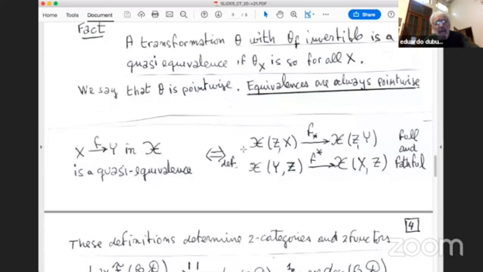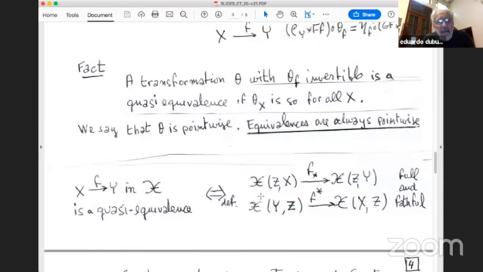In a bicategory X, any bicategory X, a quasi-equivalence is just an arrow such that post-composing and pre-composing with it is full and faithful. Obviously, this is a characteristic that equivalences have. Quasi-equivalence is a weaker notion.